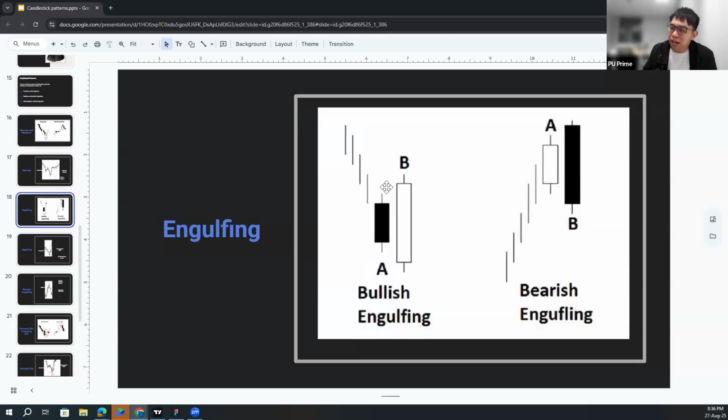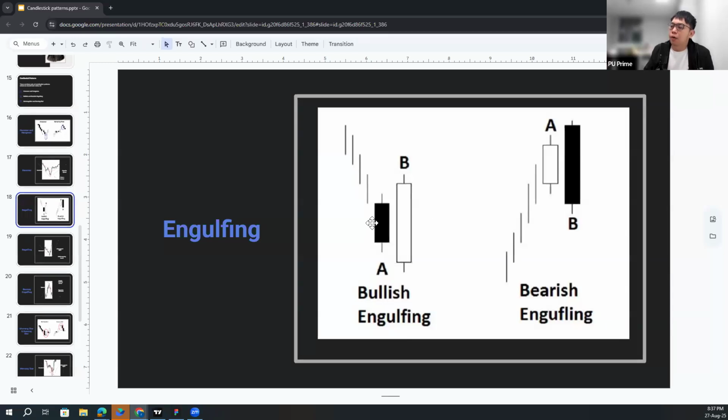Okay, next one, engulfing. Like what happened earlier, this is a downtrend, and here comes a different opinion. Okay, the previous one is a different opinion within one candlestick, but this one requires two candlesticks. What we mean by engulfing is that we want to have a candlestick that goes bigger.